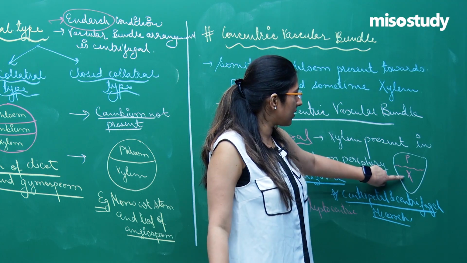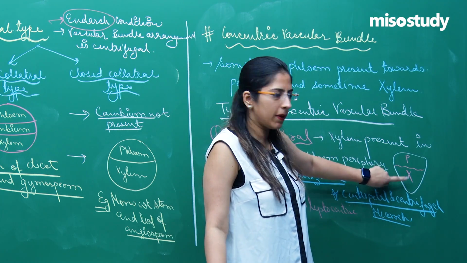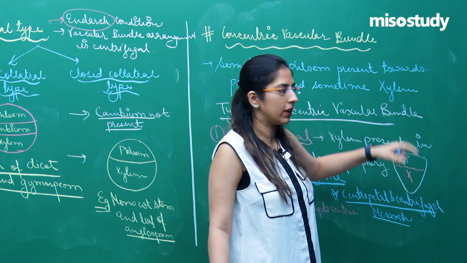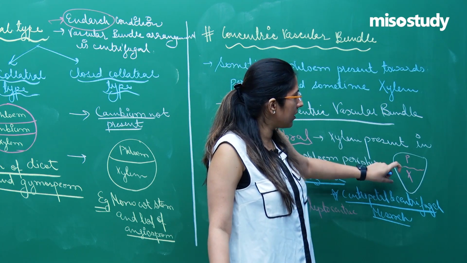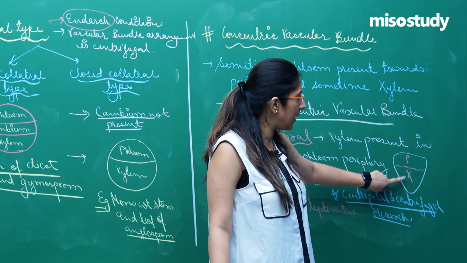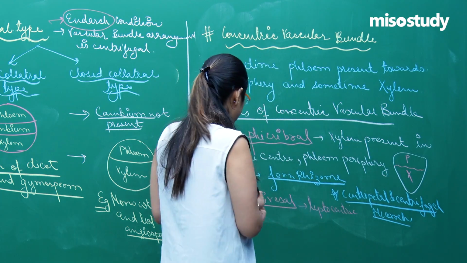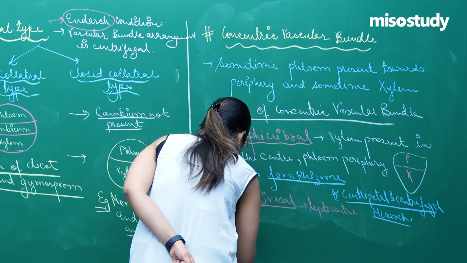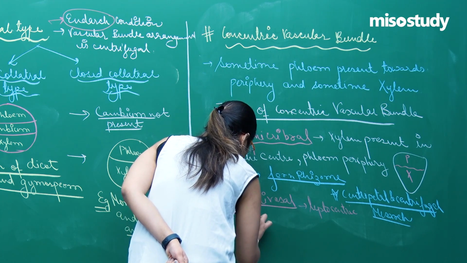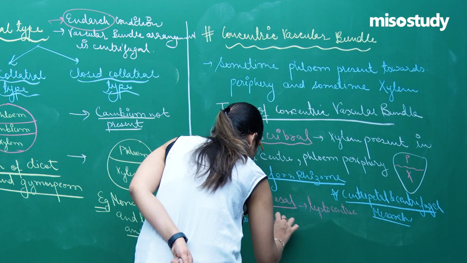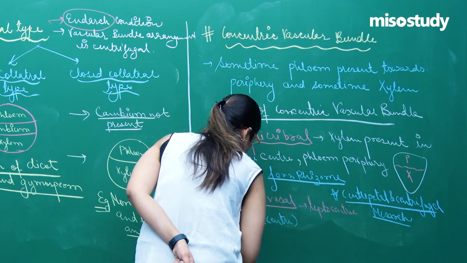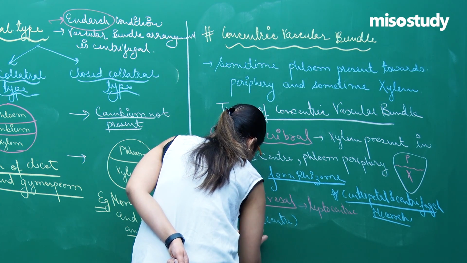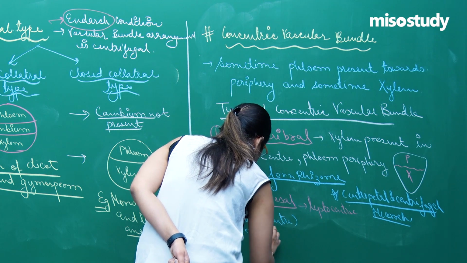In the earlier case, the xylem is present in the center towards the pith, the phloem is present towards the periphery. In this case, the condition is a little opposite, the phloem is present in the center and xylem is present in the periphery.